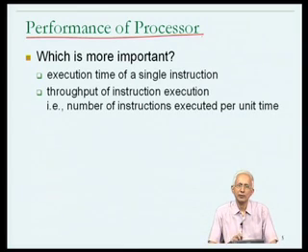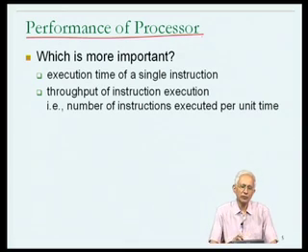Which is more important? Is it important to build the hardware so that it can execute each instruction in as little time as possible? In other words, is it important to reduce the execution time of a single instruction? Or is it more important to increase the throughput of instruction execution? In other words, increase the number of instructions which are executed per unit time.